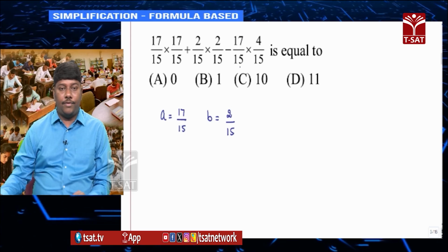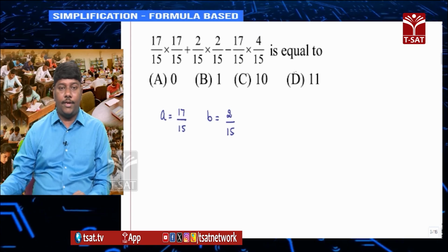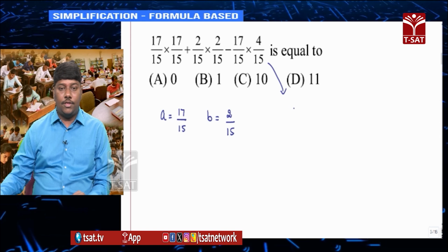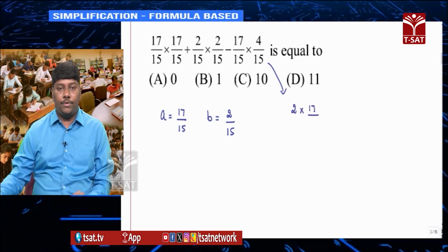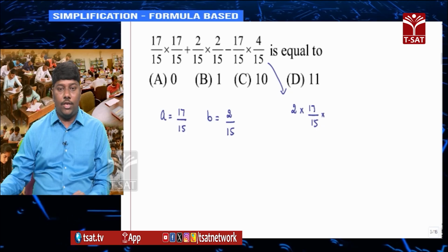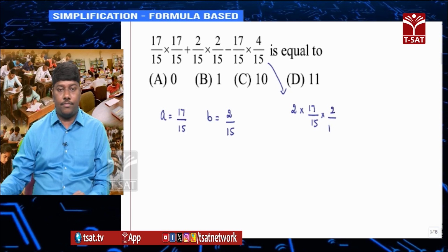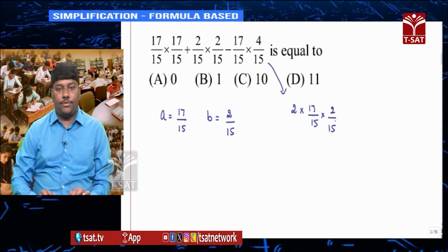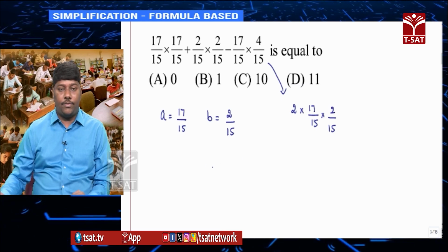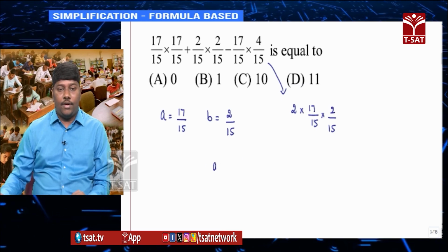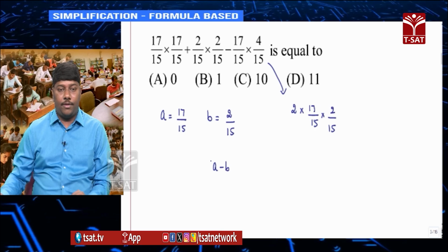Now 17 by 15 is your a. 4 by 15, how can I write this 4 by 15? This you can write as 2 into 2 by 15. So I am writing it as 2 into 17 by 15 into 2 by 15. So it's now simply based on a square plus b square minus 2ab. So what is a square plus b square minus 2ab? It's (a minus b) whole square.